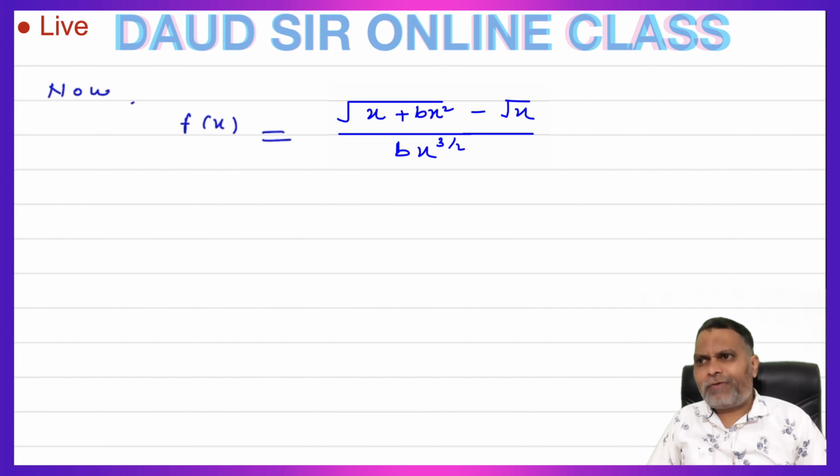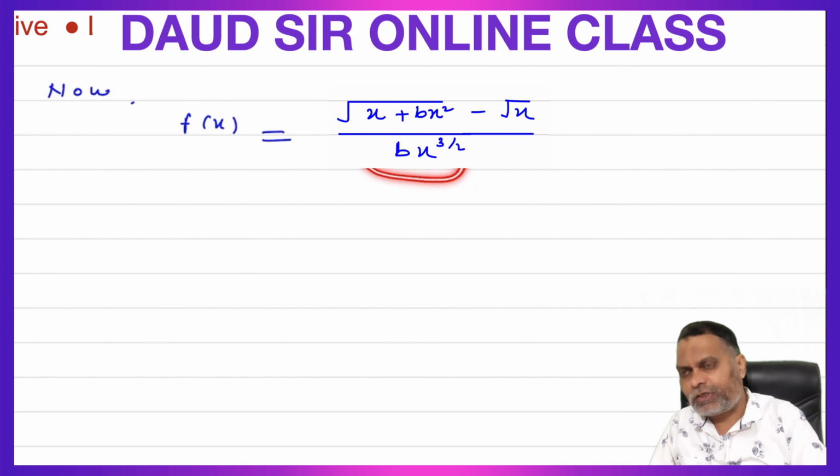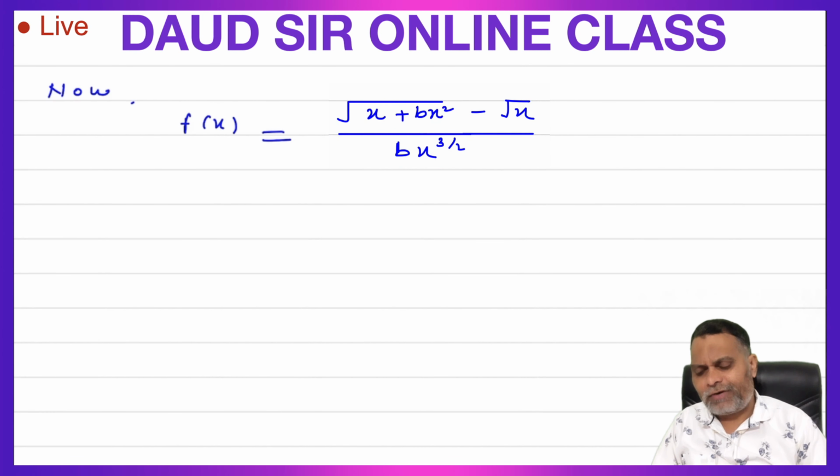So this function is defined only for this value must not be equal to 0. If this value equal to 0, then this function will not be defined.